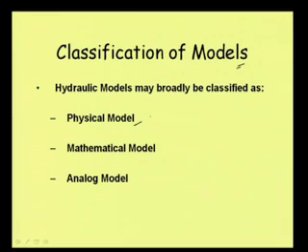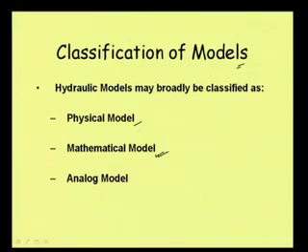Then of course, there can be a mathematical model, which is becoming very popular now. Why is it becoming popular? The advent of the digital computer, the high speed computer, is making it popular. So, we can express very complex phenomena. Suppose for expressing a physical phenomenon, the mathematical expression may become very complex, and the solution of that equation may sometimes become very problematic, but now we can solve those numerically.